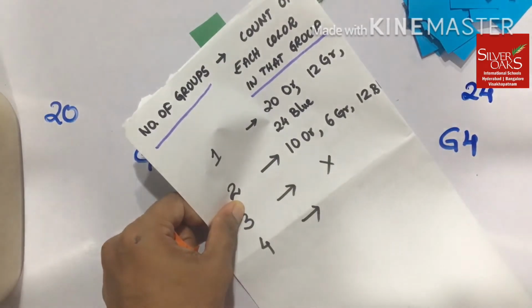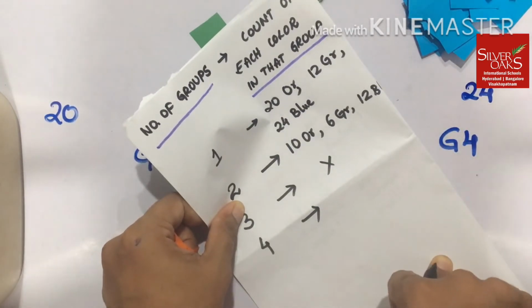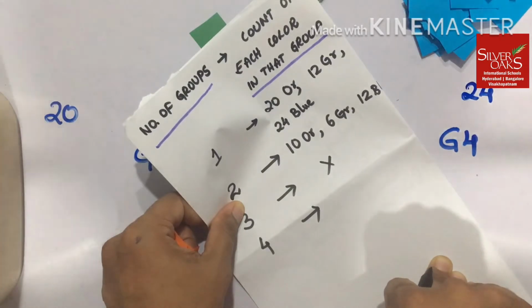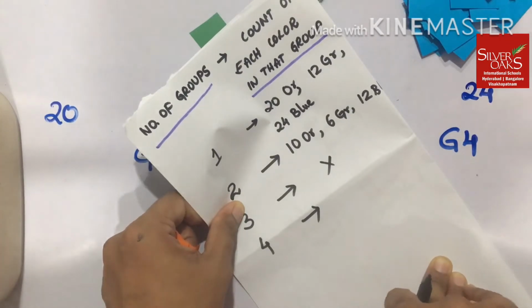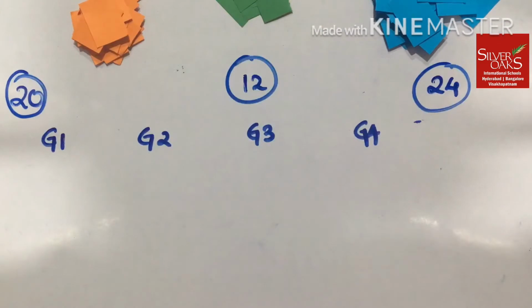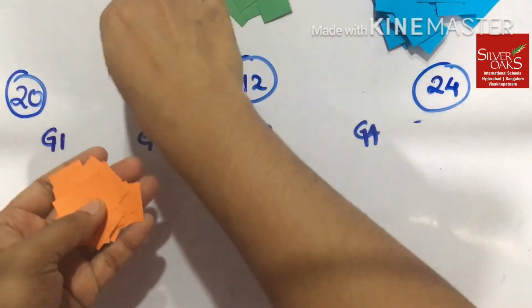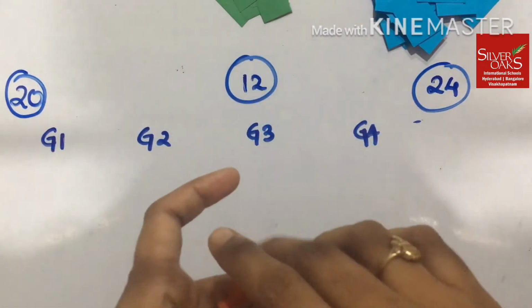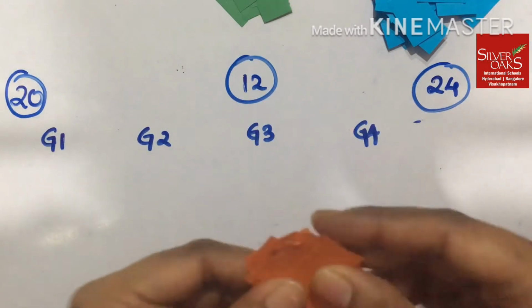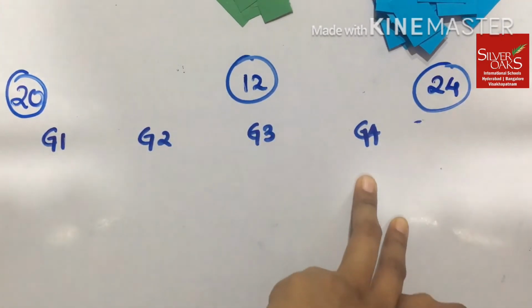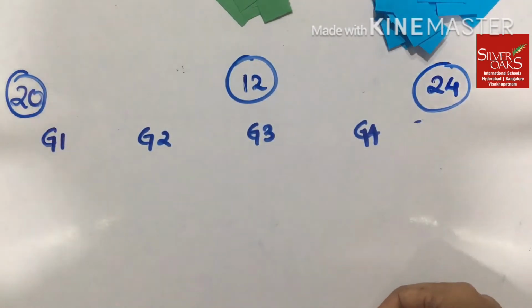Now I wanted to have 4 groups, and let me see if I can form similar groups without leaving anything behind. So shall we try with the 4 now? As we have 20 orange papers, can I equally distribute it to 4 groups? I need to check it first.